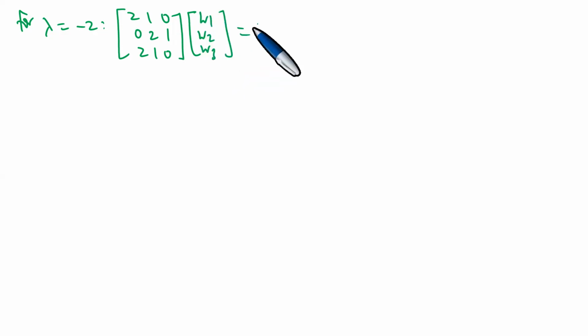Okay, there's that matrix that we got. I'm not really going to waste a lot of time. It's going to be 2, 1, 0, the lambda matrix 2, 0, 2, 1, and then 2, 1, 0. So this is W1, W2, W3, and then it's 0, 0, 0.